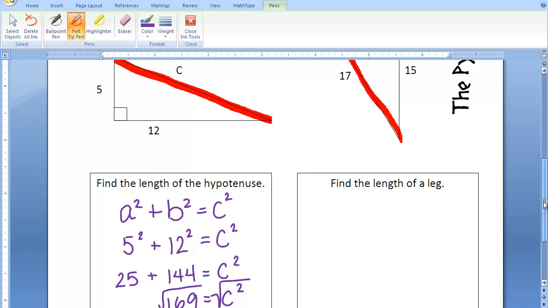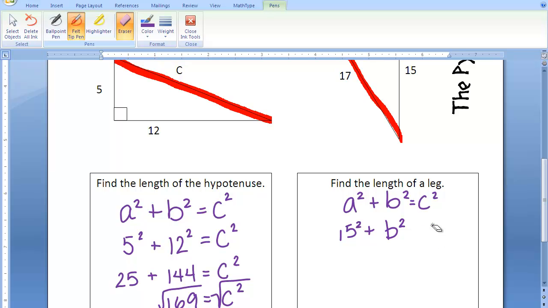So again, I see a right triangle, and right away my brain goes to a squared plus b squared equals c squared. When I go to put in the numbers, I'm going to put 15 squared for the a, b squared, remember it's one of the legs that's missing, equals, whoops, not c squared, is it?